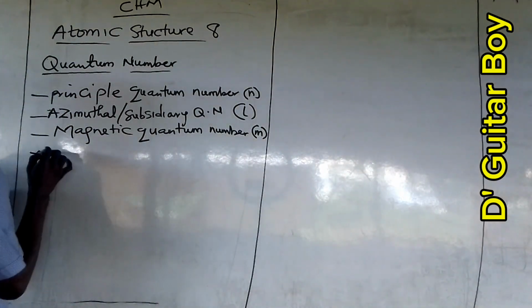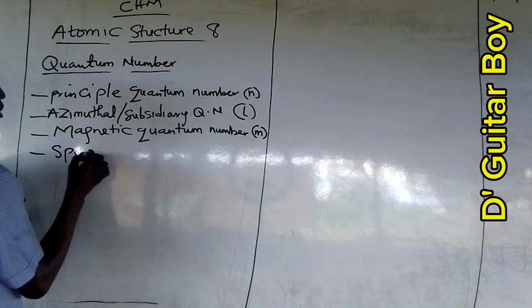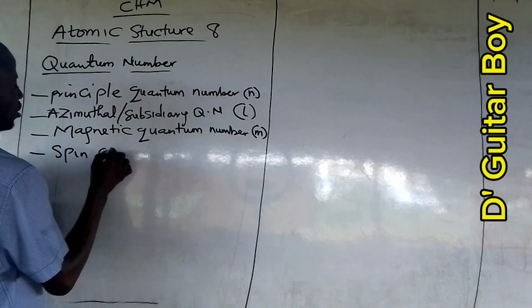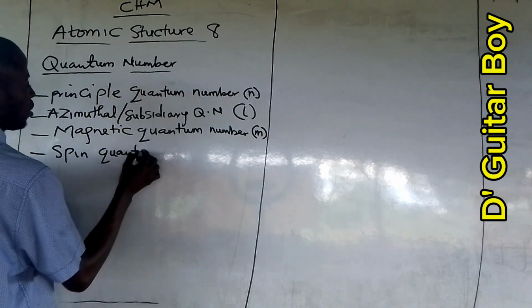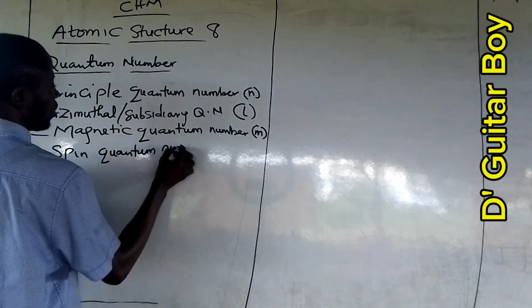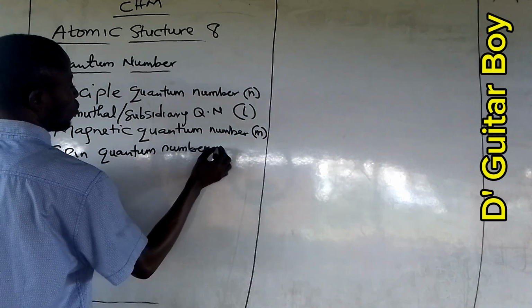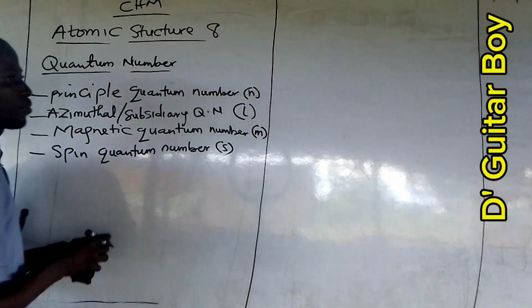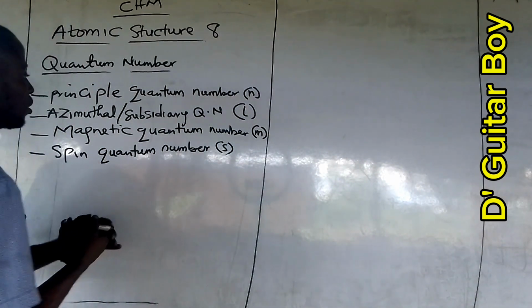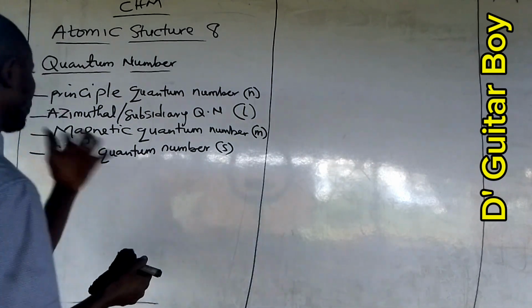We also have the spin quantum number, which is represented by what? s. Which is represented by s.